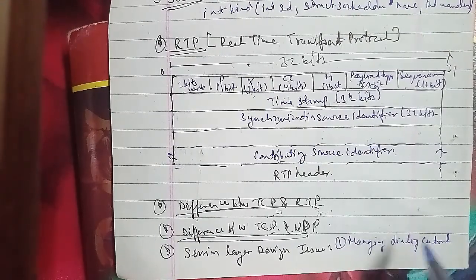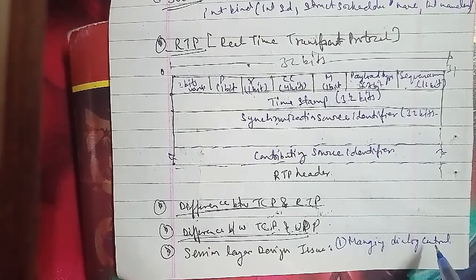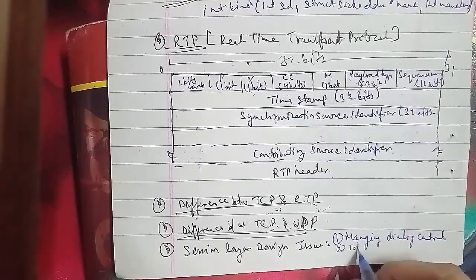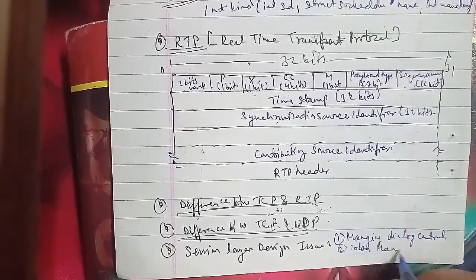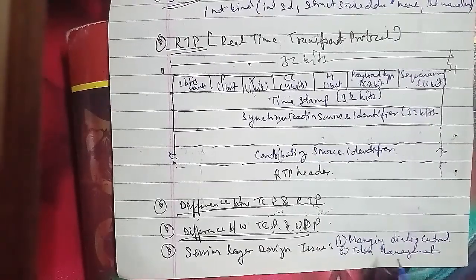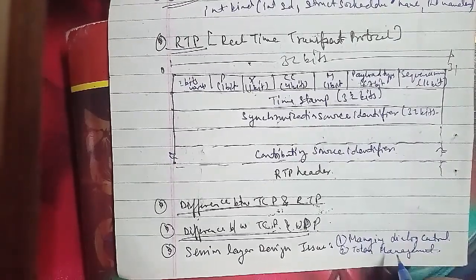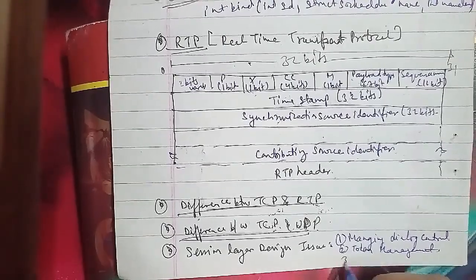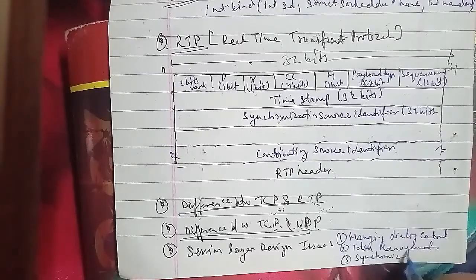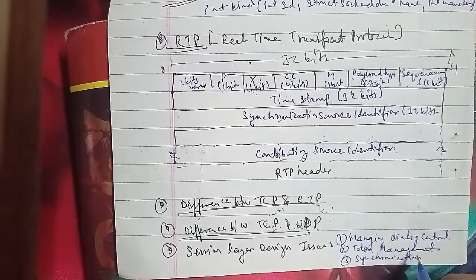The second is token management, so that both sides do not attempt the same operation at the same time. The third is synchronization, which is the insertion of checkpoints to determine the portions of the transmission.